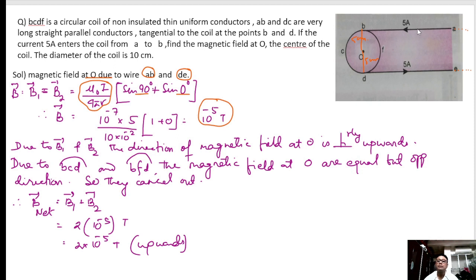And using the concept of the Fleming's rule, we see that they are perpendicularly upwards due to the two straight wires. Now there are two sections of the circular part. As you can see, this is one section and this is the other section.